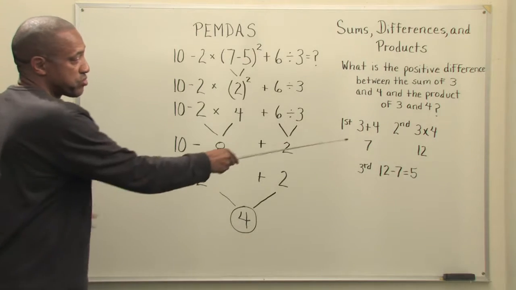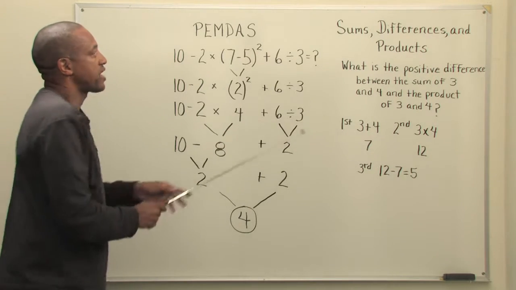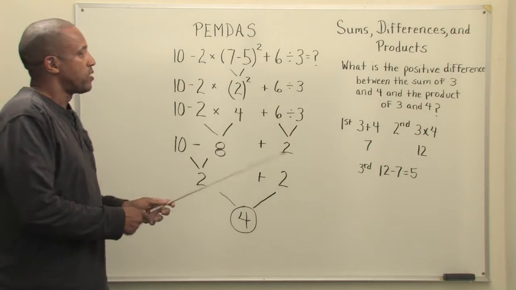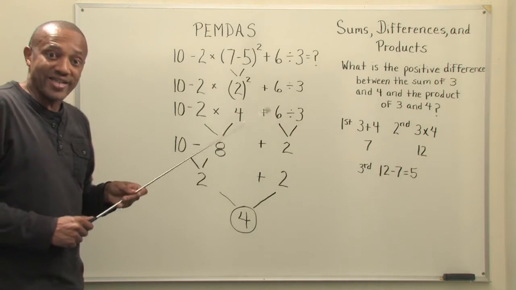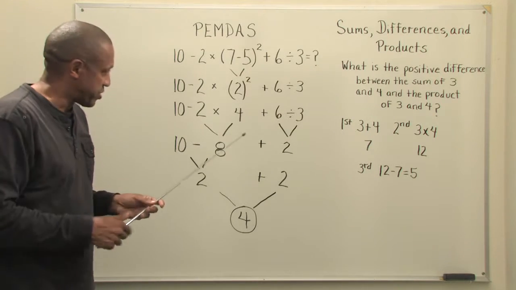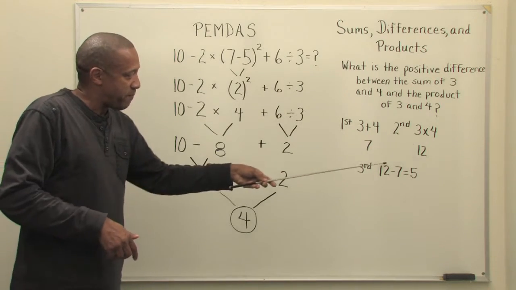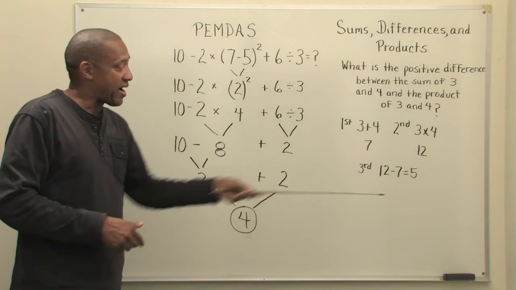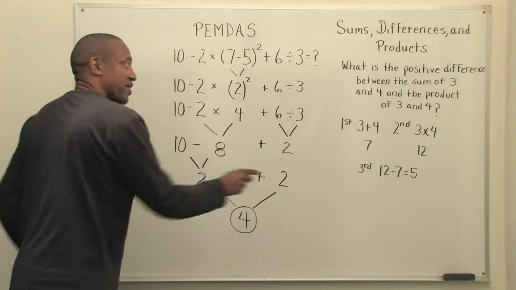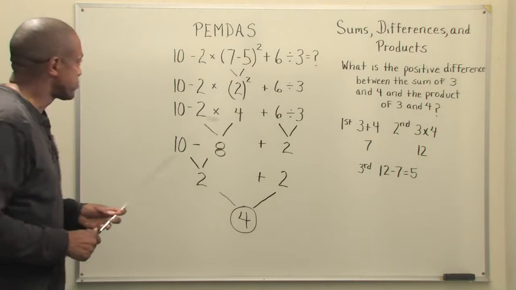So now you've got those first values, and now you can find the positive difference between these two. Difference is subtraction. You just have to remember these terms, okay, if it's new to you. So 12 minus 7 equals 5, and 5 is your final answer to this question.